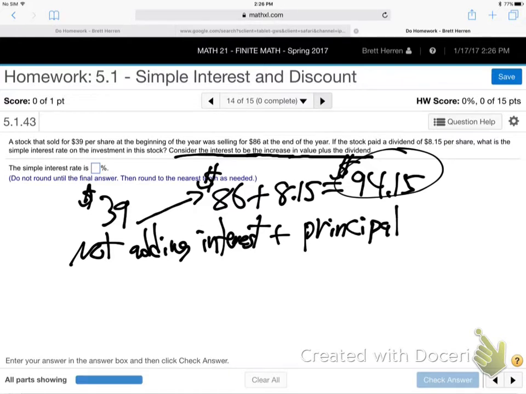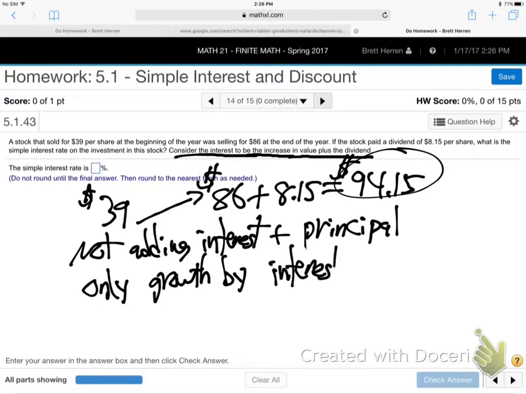It's not happening. We're not adding interest plus principal. All we're doing is only growth by interest rate, I should say. That's all that's happening. They're just saying, what was the rate of growth?